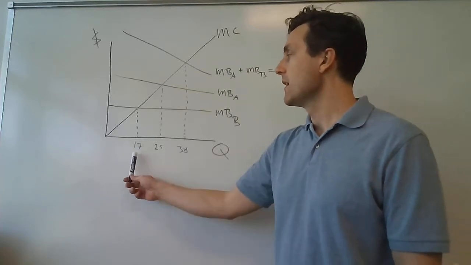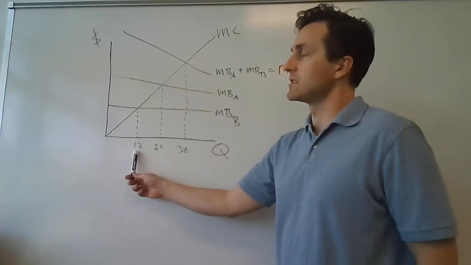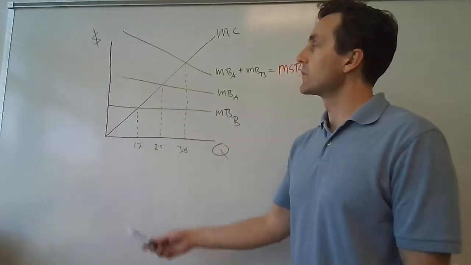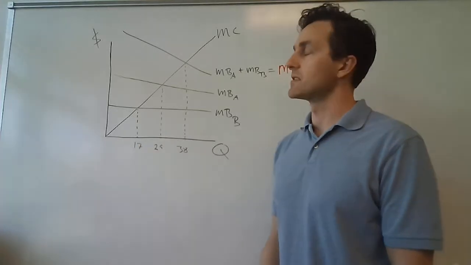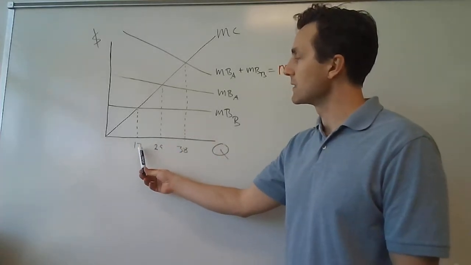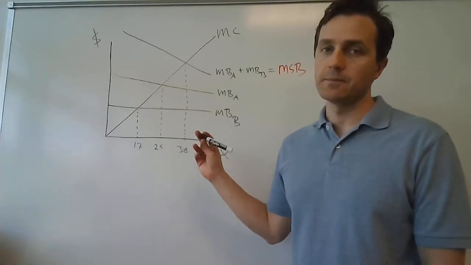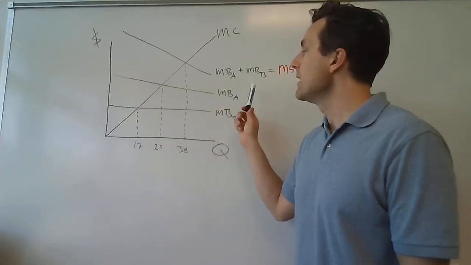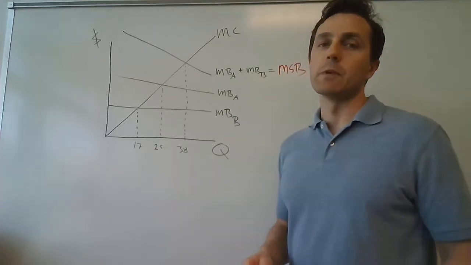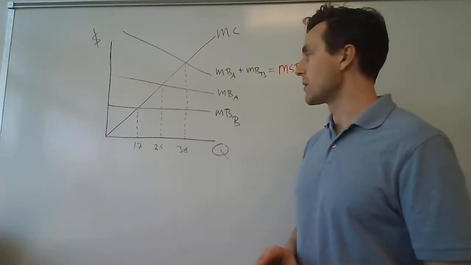It could be either of them buying these first 17 units, because person A would be willing to purchase any of those as well. But only person A would buy the units from 18 up to 29. And so we would only end up with 29 units of the public good.